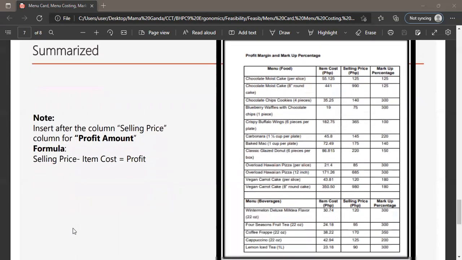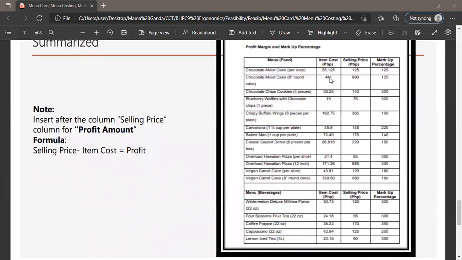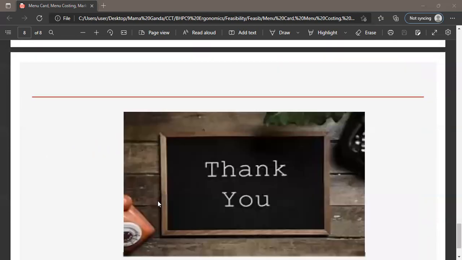So the formula is selling price minus the item cost equals your profit. So for example, 125 minus 55.25, the difference is your profit. Okay, so you are going to add one column here. Okay, so that's for the summary.